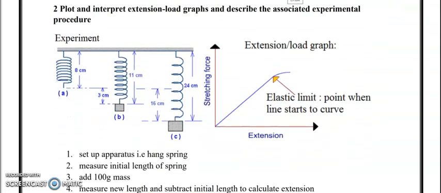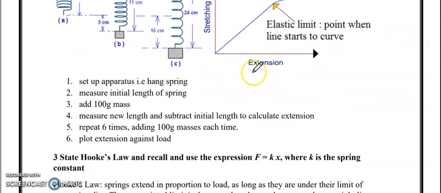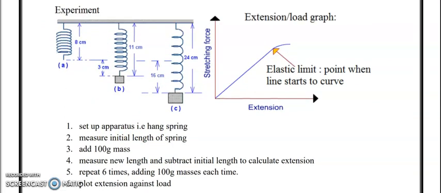Objective number 2 wants us to be able to plot and interpret extension load graphs and describe the associated experimental procedure. If we want to plot an extension load graph, basically what we need to do is follow these steps which I've written down there. We need to set up an apparatus as shown there, whereby we have a hanging spring.